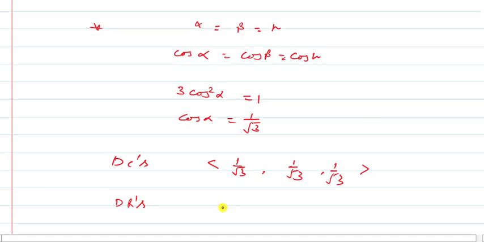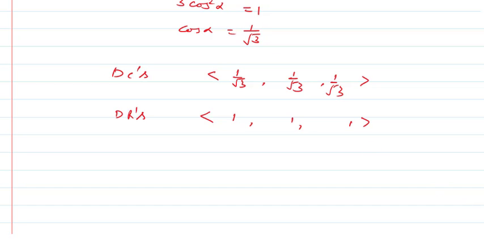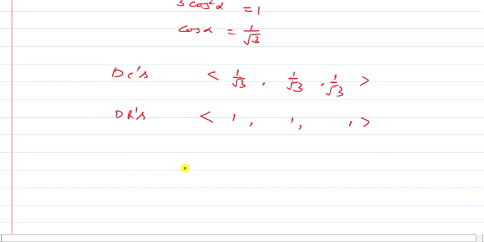Now what about direction ratios? Direction ratios will be 1, 1, 1, because 1, 1, 1 are the numbers which are in proportion to these direction cosines. One thing more I would like to recall here, which is again from vectors: if A, B, C are the direction ratios of a line, then how can we calculate direction cosines?